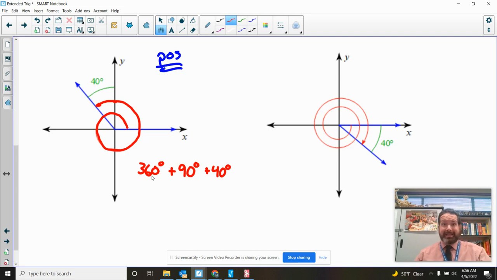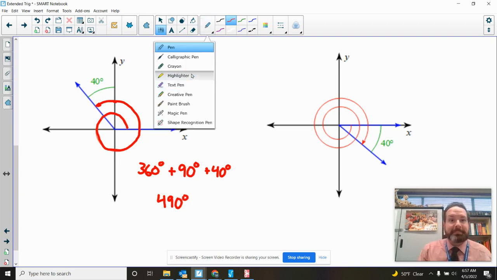Break it down just like this: write down your full turns, your quarter turns, and then your leftover bit. Let's add them up. 360 plus 90 plus 40 is going to be 490 degrees. This is what a 490-degree angle looks like.